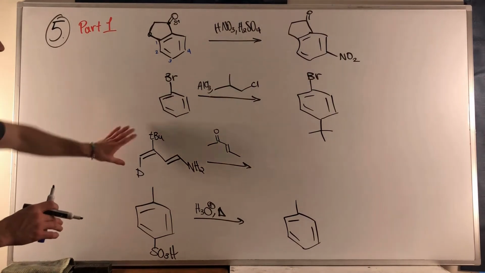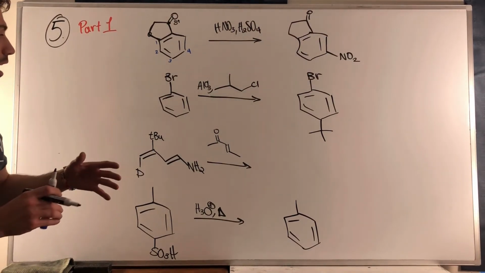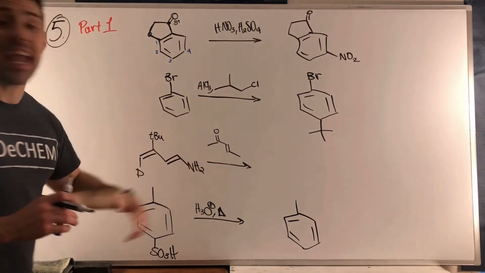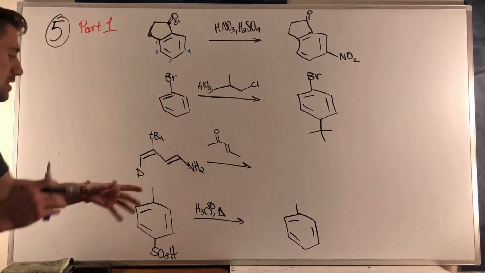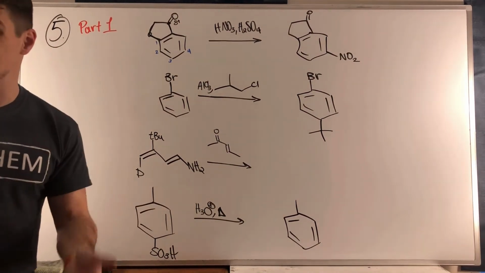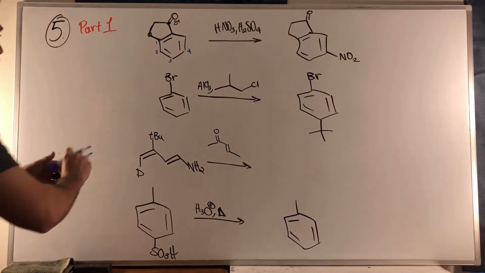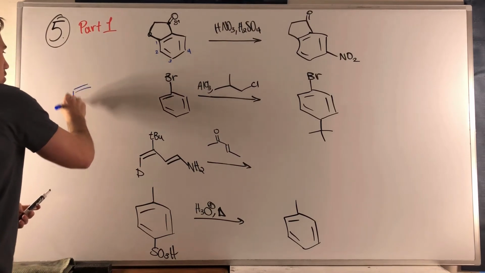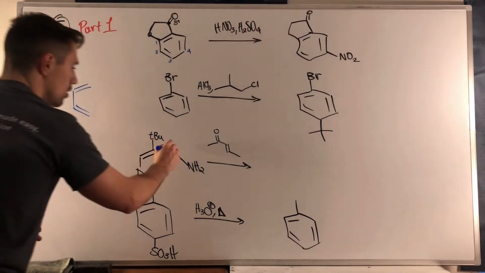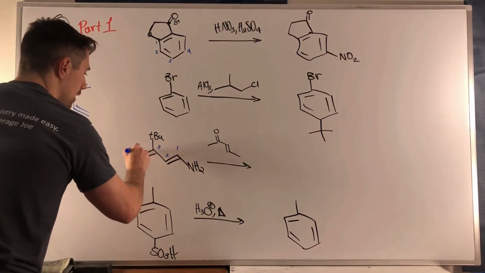Okay? Alright, so for this last product, hopefully what you can see is this is a diene, this is a dienophile. The twist here is they gave this to us in an s-trans format, so we need to convert it to s-cis first. That's the first thing we need to do. So just draw your s-cis template first, and then what you can even do is number 1, 2, 3, and 4.